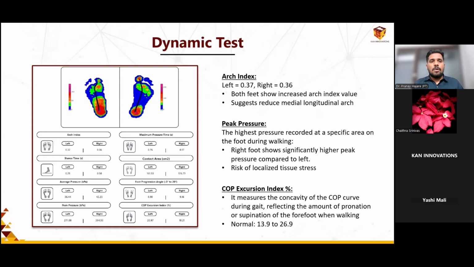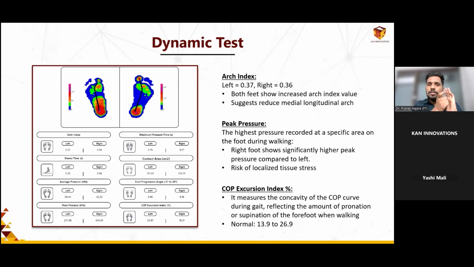Over here, the center of pressure excursion index. First, we need to understand what it is. It measures the concavity of the center of pressure curve during the gait. It reflects the amount of pronation or supination of the forefoot whenever you're walking. It is calculated as the percentage of excursion of the center of pressure from the construction line connecting the first and the last point of the COP curve, by measuring the forefoot width.